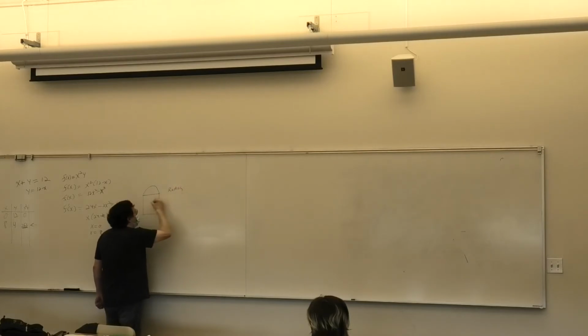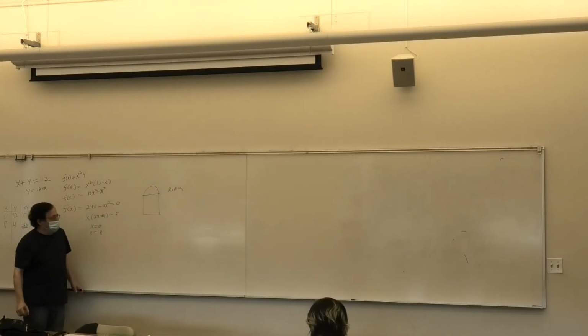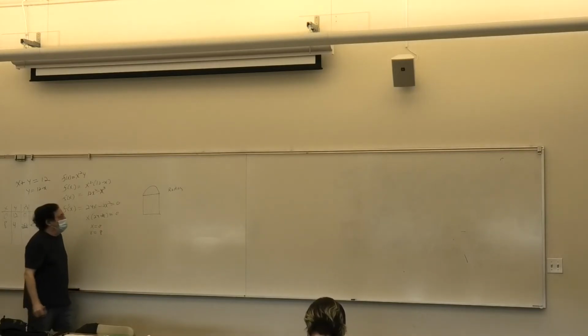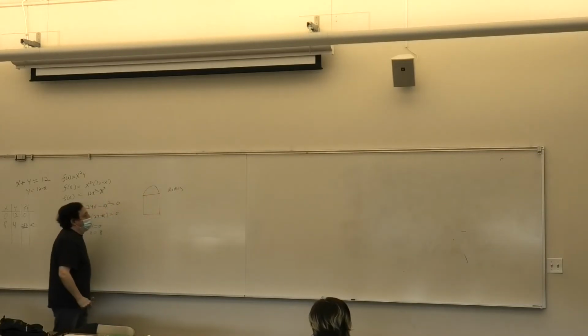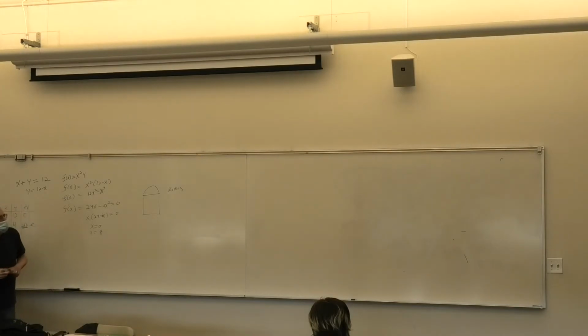Now this is the same thing, only with geometry, and you just turn it into some equations. We're trying to maximize the area, but we have some constraint here. So that's optimization problems.